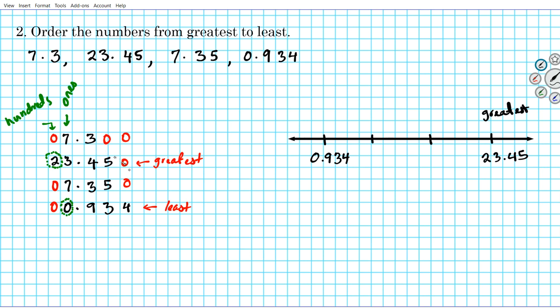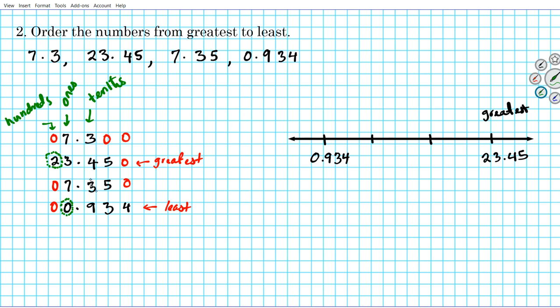So now we have 2 more to compare. Which one is the second greatest? We're going to advance to the next decimal place to help us out, which is the tenths place. All right, so compare 3 and 3, oh snap, we have another tie.